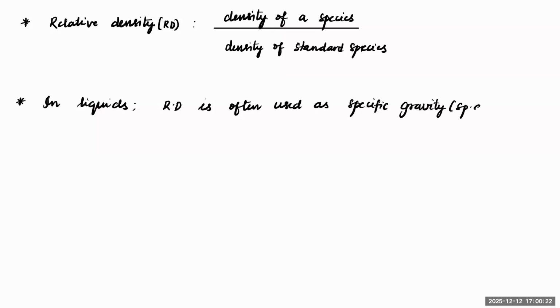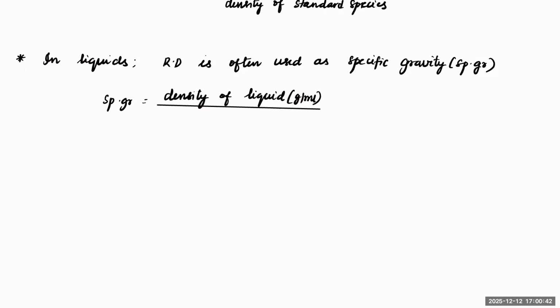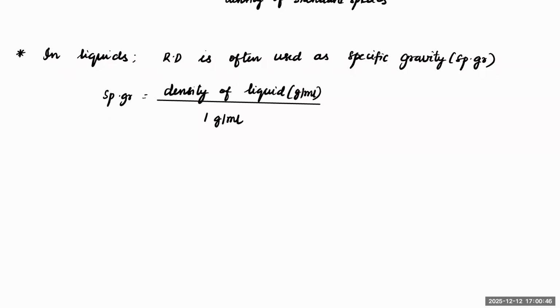In physics, you might see this as SPGR. So here, SPGR is basically the density of the liquid solution, whichever we are taking in gram per ml, with respect to 1 gram per ml.